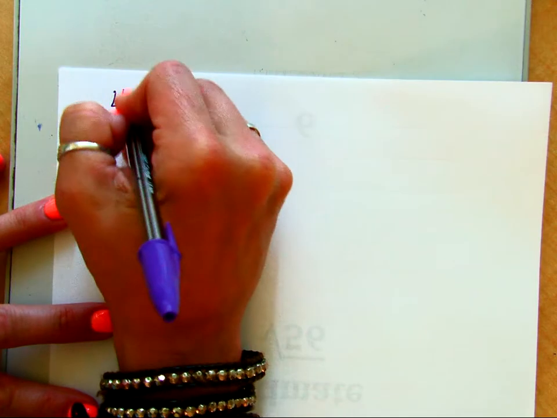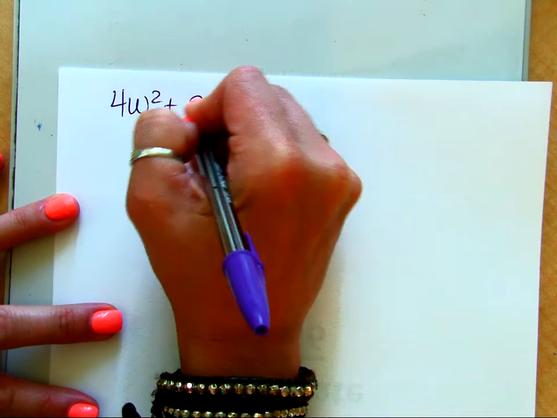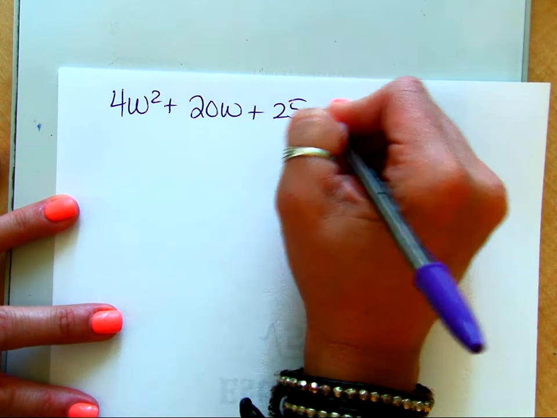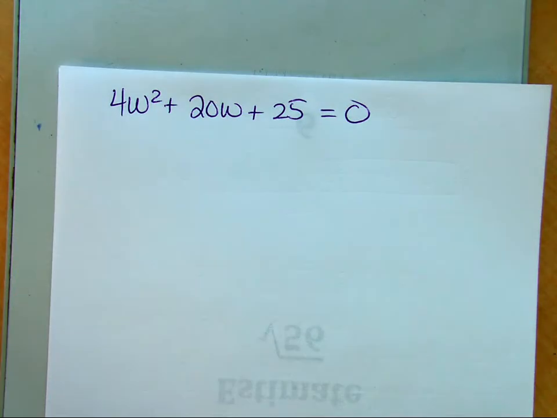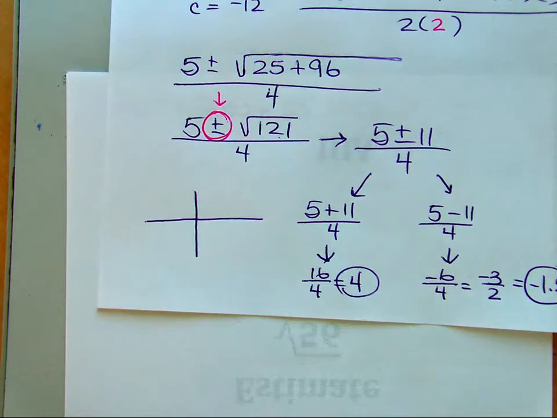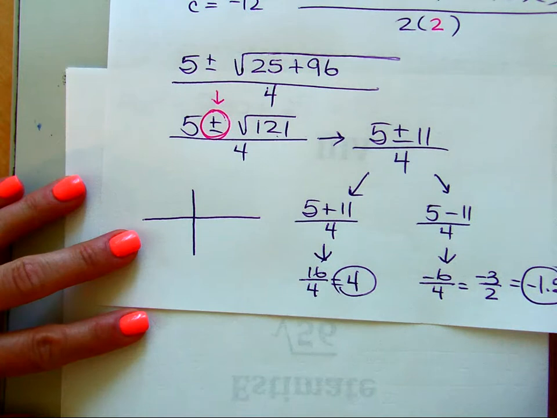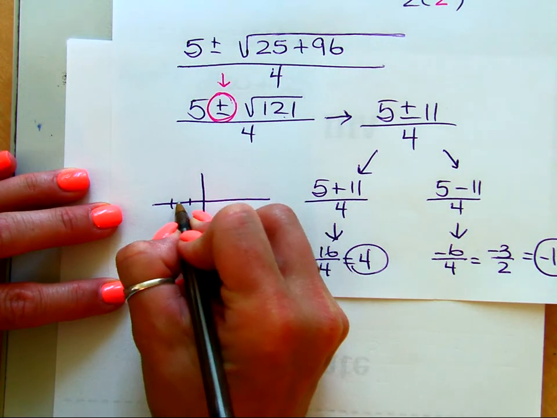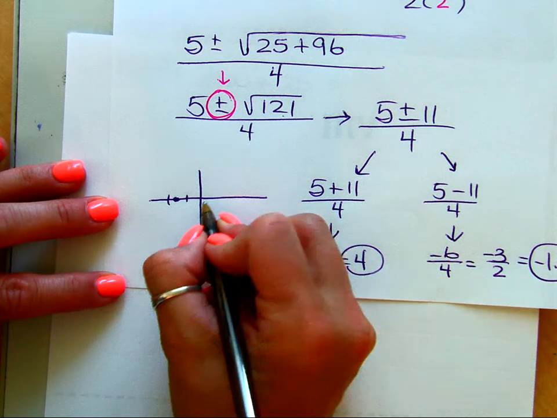So let's take this problem, and we'll do 4w squared plus 20w plus 25 equals 0. Let's not forget about what these mean, though. Now, technically, I should know enough about a parabola to be able to say one of my zeros is -1.5.